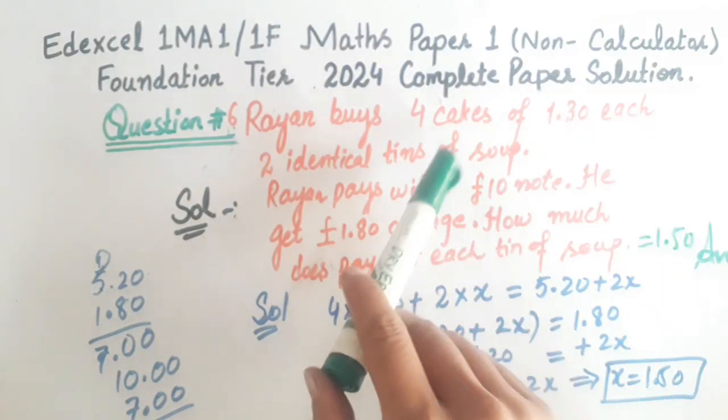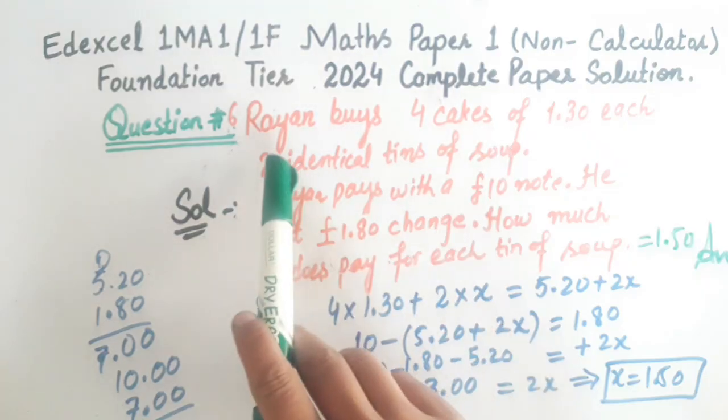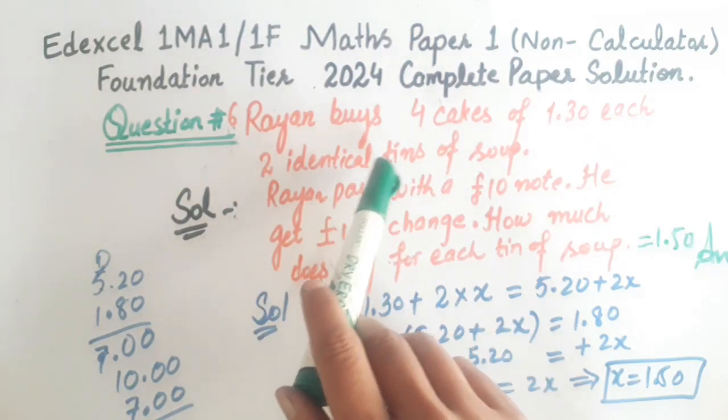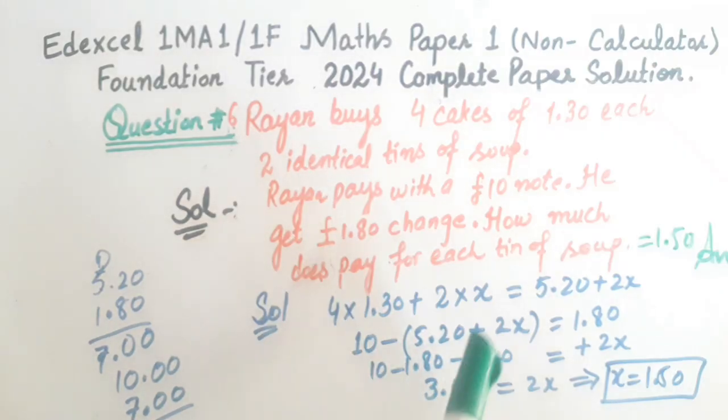Now he buys 2 identical soups, but you don't know the price of each one. So you will consider the price of each soup is x, then multiplied by 2. So the total amount he pays is 10 and he gets the change of 1.80. So you subtract the price from the amount he gives to the shopkeeper, which is 10. 10 minus this, and the change in return is 1.80.